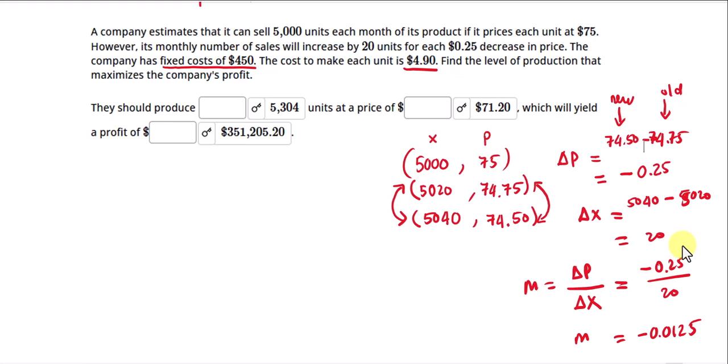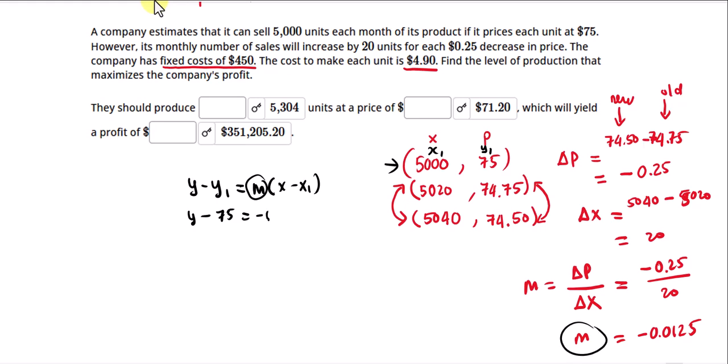Let's just pick the first point, x1, y1. Now we want to find a linear equation, so we will use y minus y1 equals m times x minus x1, the point-slope formula, right? And we have y1, which is 75, and m is the slope, which we just got here, minus 0.0125, and x minus x1. x1 is 5,000.